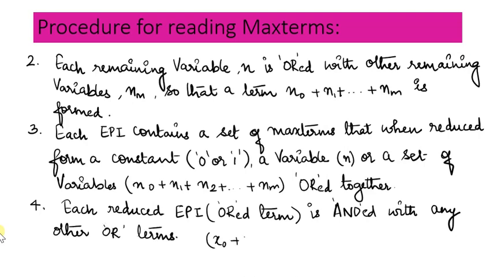In the fourth step, each reduced essential prime implicant, that is the ORed term, is ANDed with any other ORed terms. So we have x0 plus up till xn as one max term or the sum term, which will be ANDed with another max term.